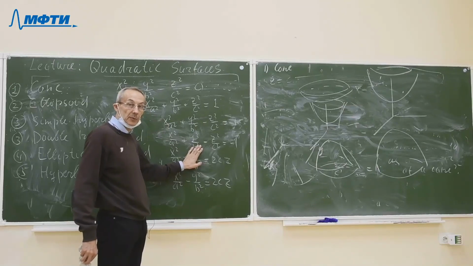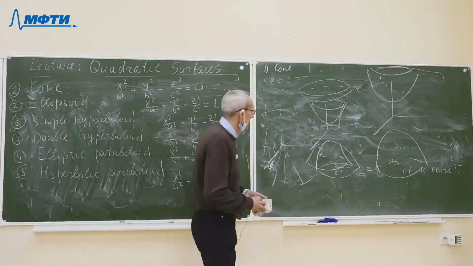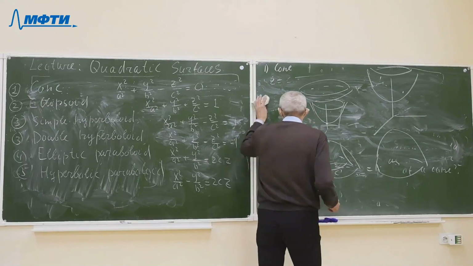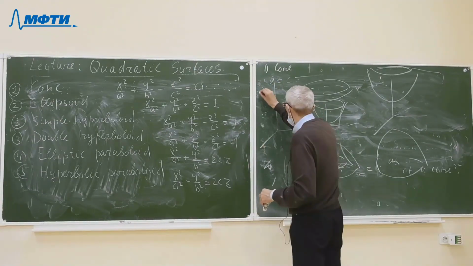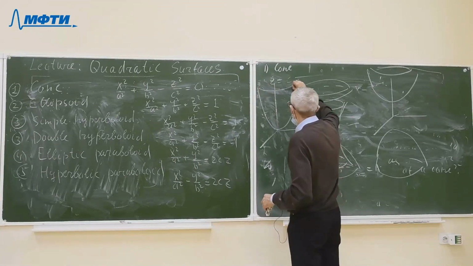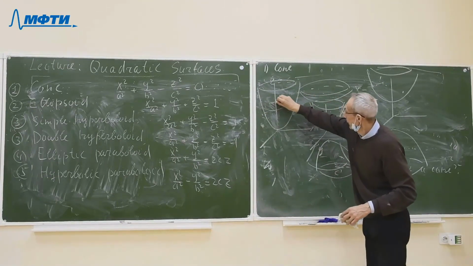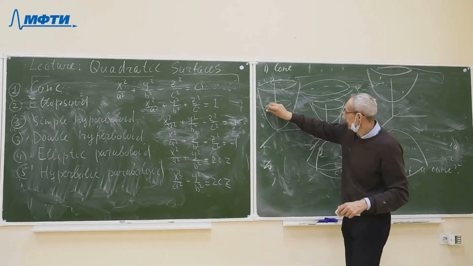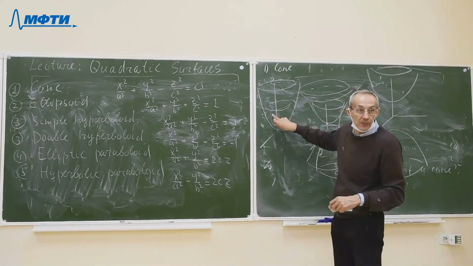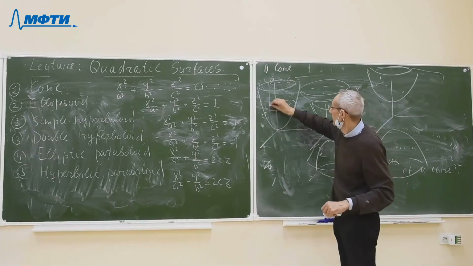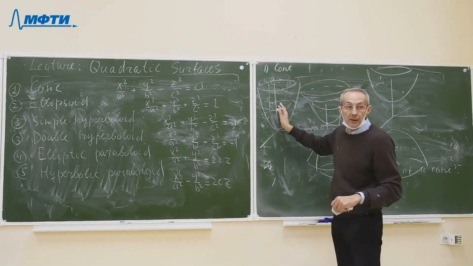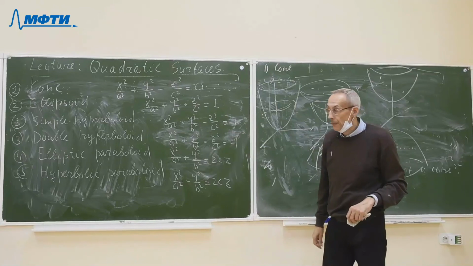Y is equal 0, we obtain also a parabola. And we have the surface which has the following form. This contour is an ellipse, and both traces are parabolas.